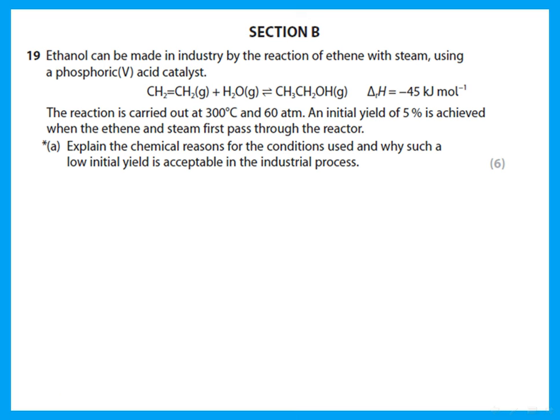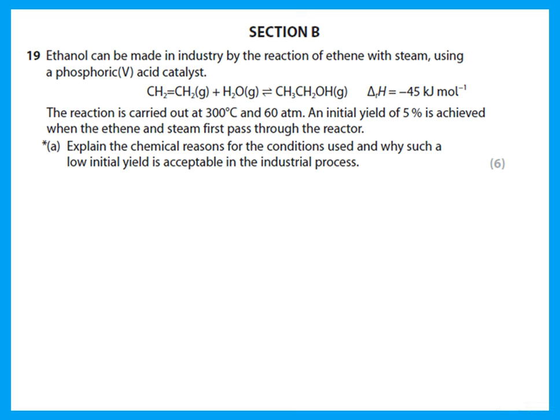And he says an initial yield of 5% is achieved when the ethene and steam first pass through the reactor. Now, explain the chemical reasons for the conditions used and why such a low initial yield is acceptable in the industrial process.